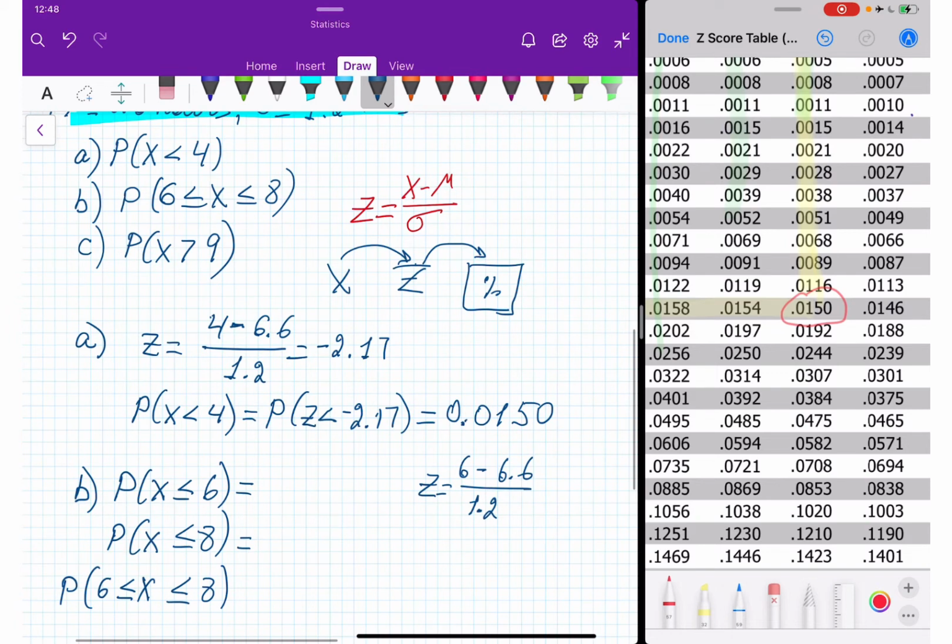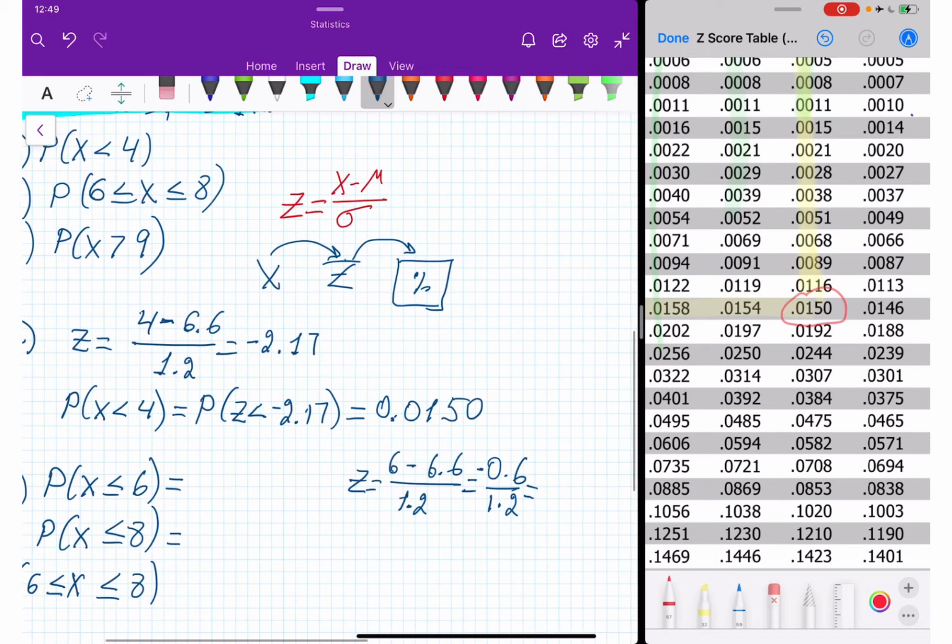So we are getting negative 0.6 over 1.2. And the result is going to be 0.6 divided by 1.2. And we are getting negative 0.5.